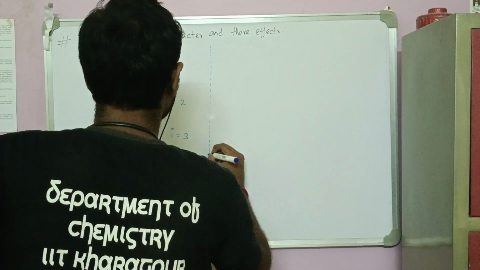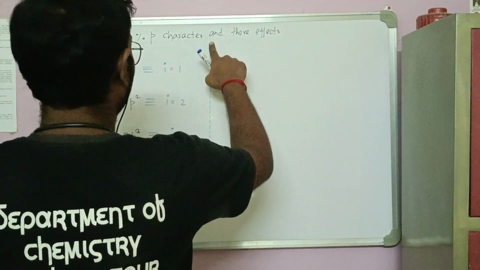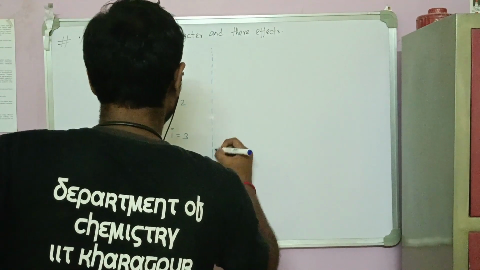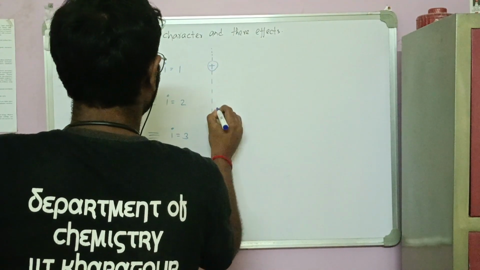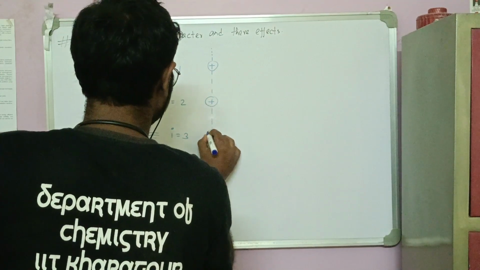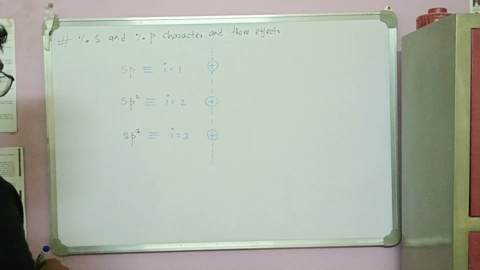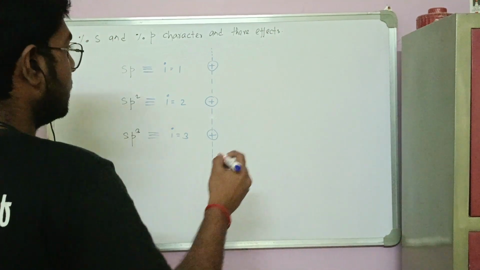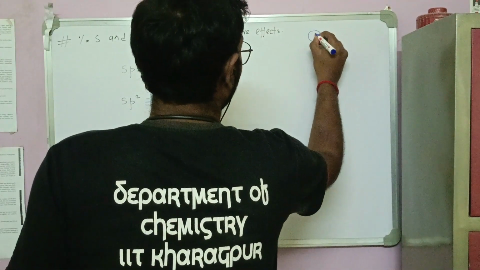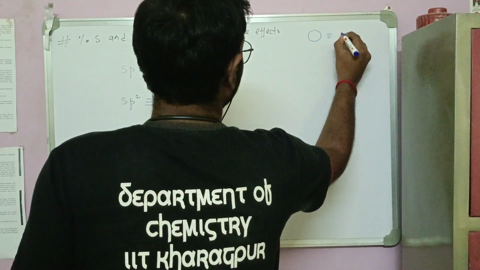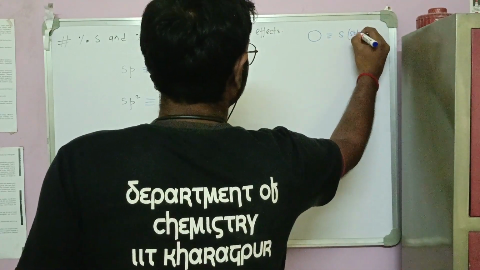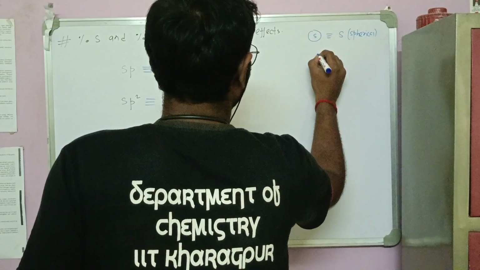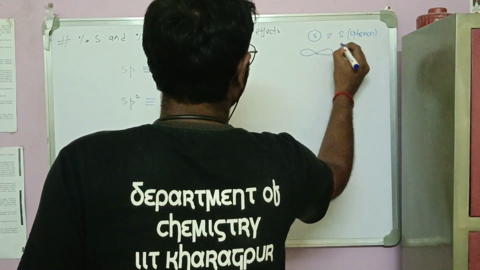I am going to discuss the effect of hybridization on bond length. So let's suppose this is the nucleus, this is the nucleus, and this is the nucleus. Okay, so for one s and one p, we know that the shape of the s orbital is symmetric spherical.